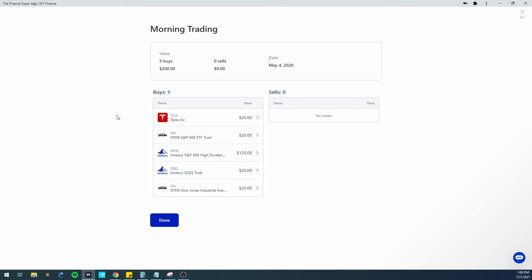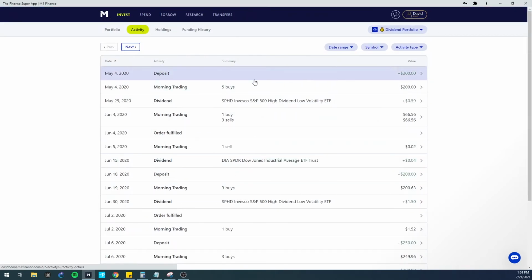QQQ is the NASDAQ ETF. The DIA is the Dow Jones ETF. And SPY is the S&P 500 ETF. Those were my 5 original holdings, and I spent $200.